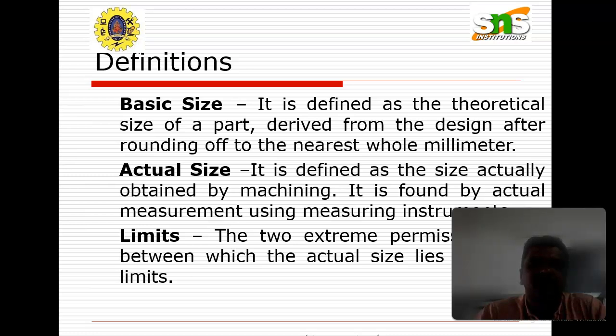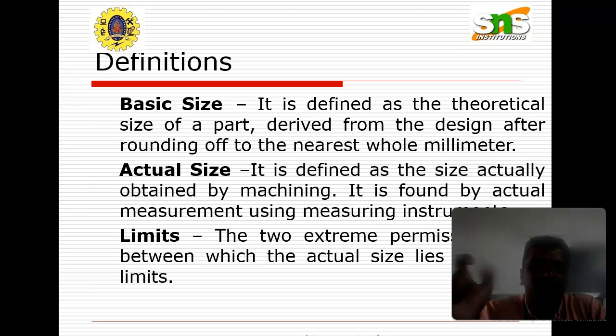The actual size is a little different. It is defined as the size actually obtained by the machine, found by actual measurement using a measuring instrument. After the machining process, the quality department checks the actual size of each and every component.